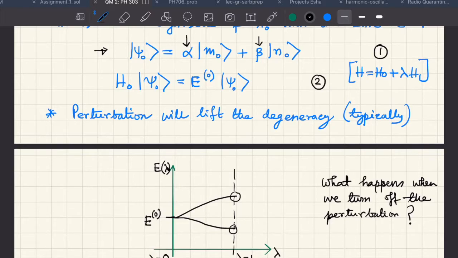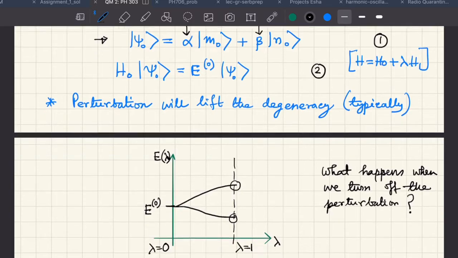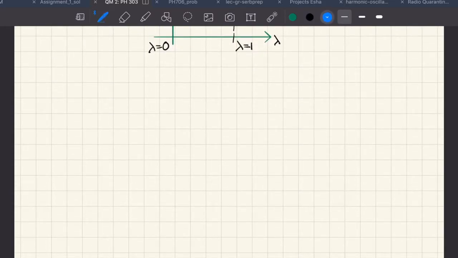That means that we are not fixing alpha and beta, because we do not know a priori which alpha and beta to start with. So we are keeping the most general form. And then we go on solving this problem. That means we need to solve, as always, H ψ equal to E ψ.